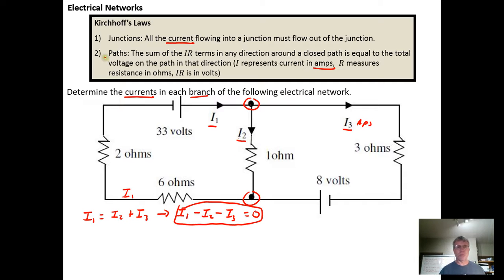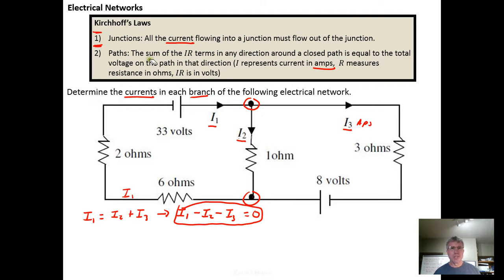That means I've gotten all the equations I can get from Kirchhoff's law 1, which says the current flowing into a junction has to equal the current flowing out. If the diagram is a little more extensive, you may get more than one equation from Kirchhoff's law number 1. It just depends on how many junctions there are and how they are interconnected.